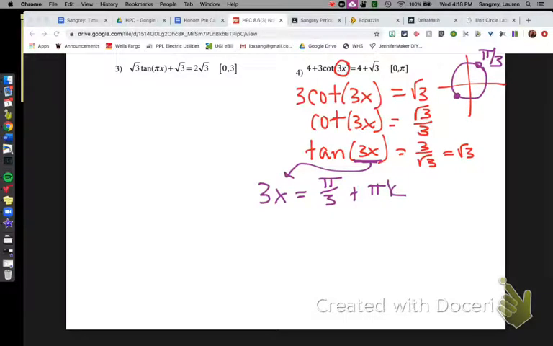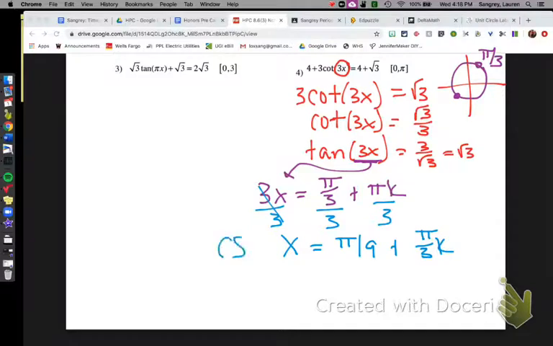Remember, plus pi k because the values on the unit circle are directly diagonally across from each other. So we need to divide everything by 3 in order to get x by itself. So this is pi over 9 plus pi over 3k. And this is your complete solution.